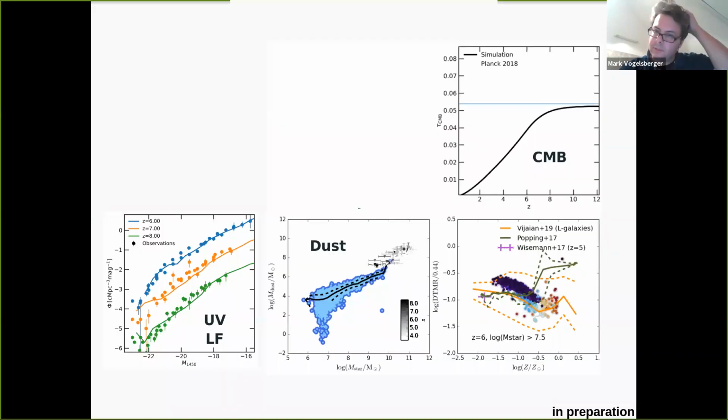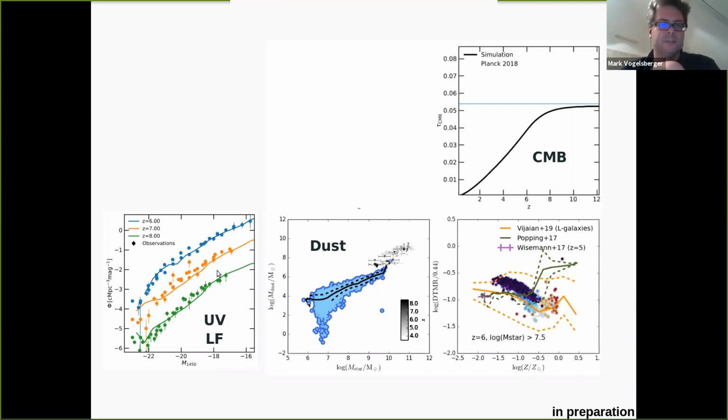Here are some basic results. As I said, I don't have too much. There's some tau CMB here, but what's probably even more interesting are these self-consistent UV luminosity functions in terms of M1450 at different redshifts, 8, 7, and 6.